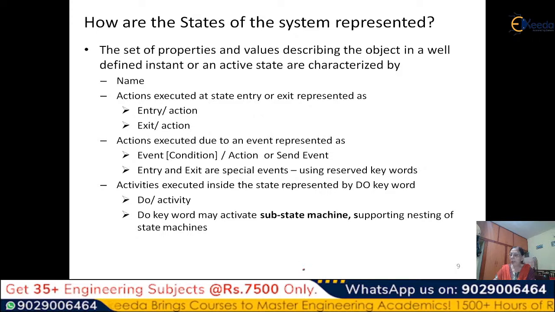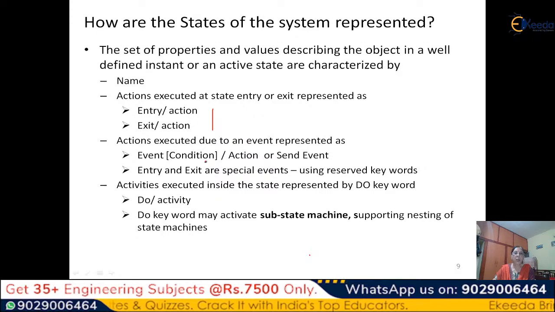So you will have a name and you will have so many actions. An action could be an entry action or an exit action. These are two special kinds of actions. Then you can have many other actions that are different in each of the states.